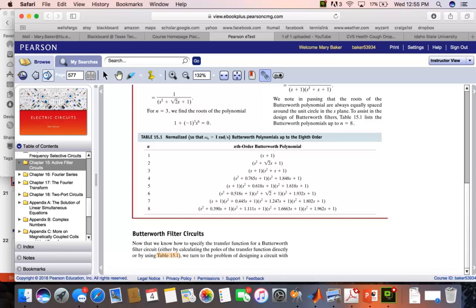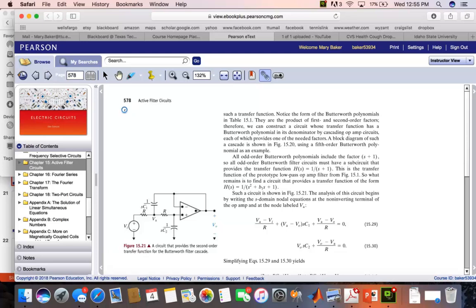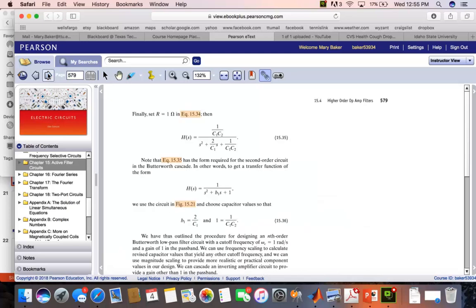So b1 is going to take on different values, which means that C1 and C2 are also going to take on different values depending on what the specific design is. But you know that this relationship, 1 over C1C2, is always equal to 1. So the order in which to do things is we're going to use this equation, and these two equations.